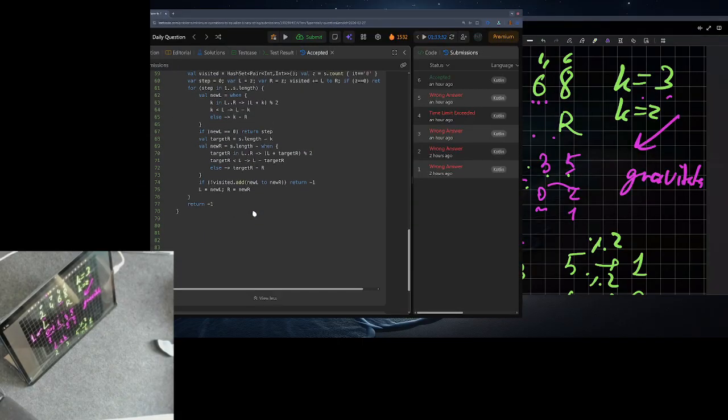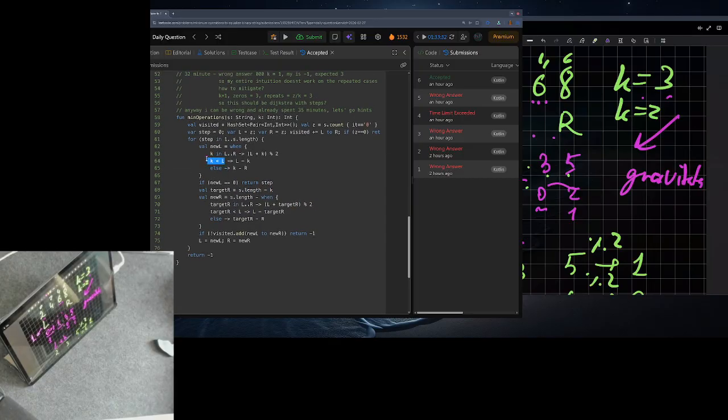Anyway, this is not my solution, it's okay. So the new right is the same, but the target is length minus k, and the logic is the same. And this is just us trying to reach the left as soon as possible, and this is trying to reach the right as soon as possible. So minimizing this as length minus some minimized value.